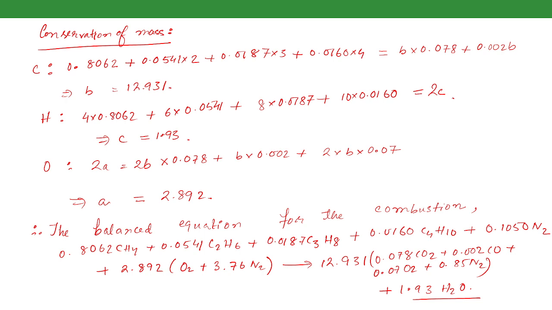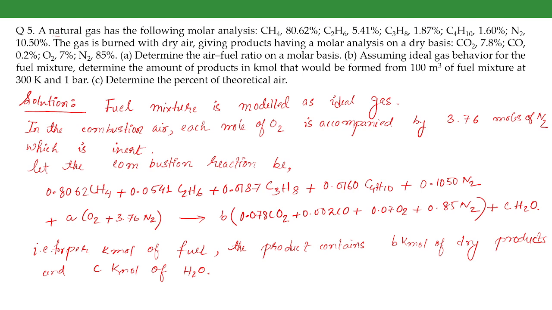Initially we had solved problems where 20% of excess air is used, or where some 30% of theoretical air is used, or 150%. So now here we have to determine what is the air volume that we have used.